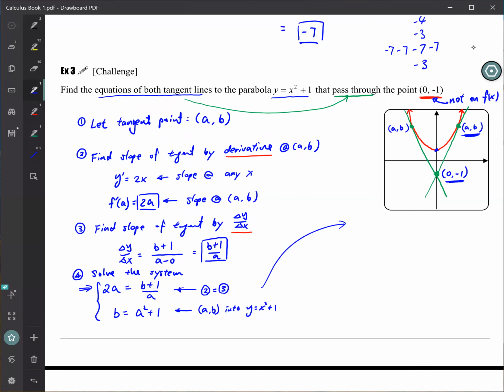Emily, what's your answer? So I don't know if I'm right, but for me, A is plus minus root 2, and then B is 3 and negative 1. Oh, but B should be the same though. You have two different B's?